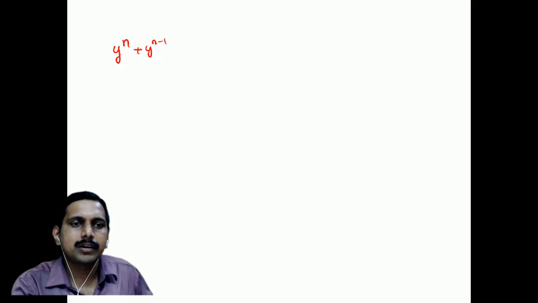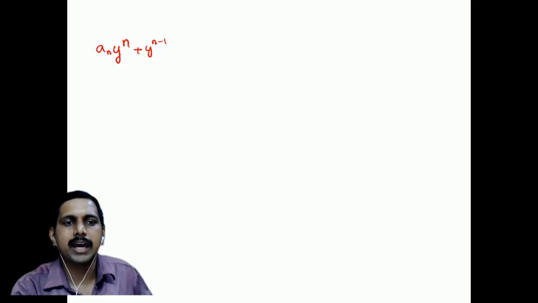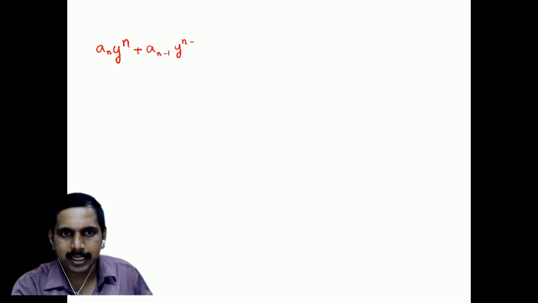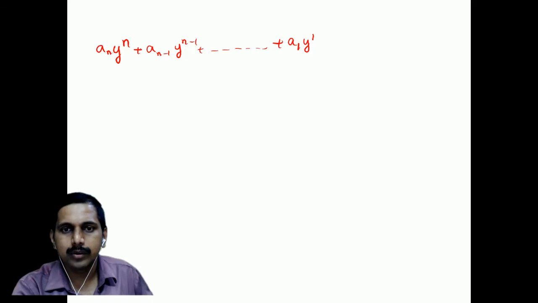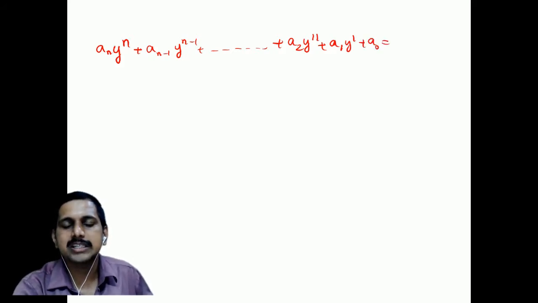Another point about differential equations is, any general differential equation can be written as an y^n plus an minus 1 y^(n-1) plus so on, up till a2 y double dash plus a1 y dash plus a naught is equal to 0.